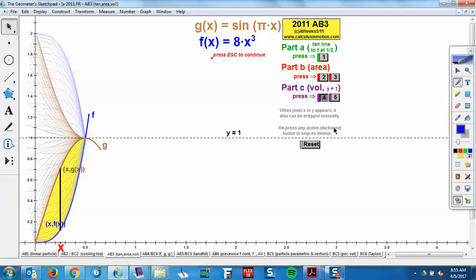Let me see. No. There's white. Right, that's the white. So you revolve this like that.